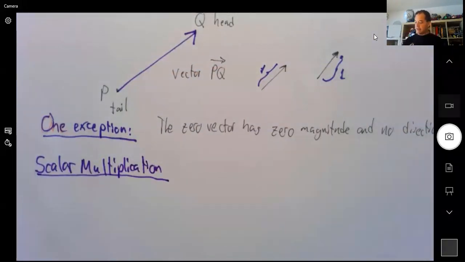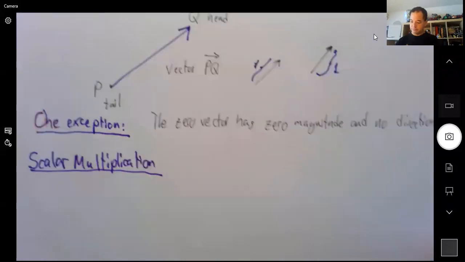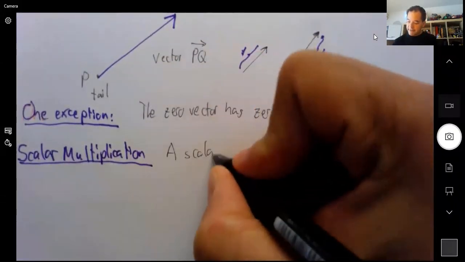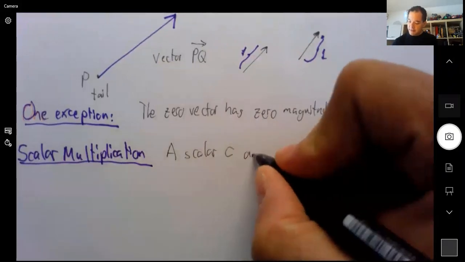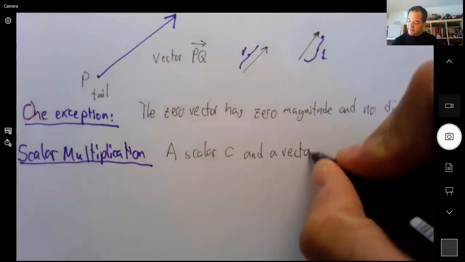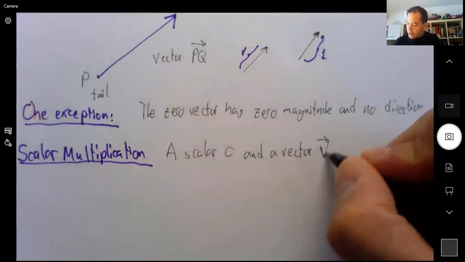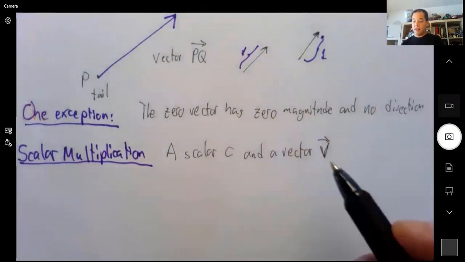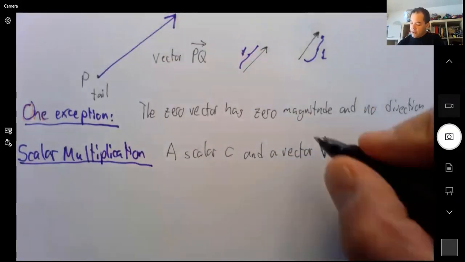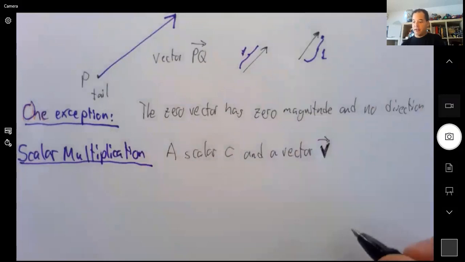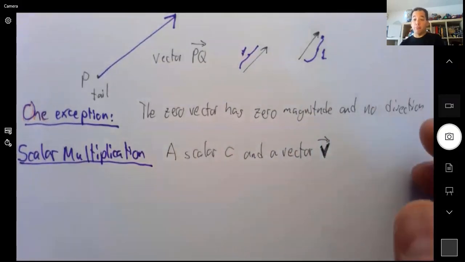It says a scalar. Remember, that's just a number, right? A scalar C and a vector V. I'm gonna write vectors, and when I don't want to say the beginning and the end, in the book, the way they're represented is with a bold letter, right? But it's difficult when you write things on your own to write bold letters.